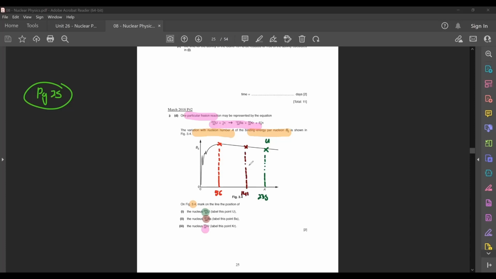This one is 141. This is BA. And then the last one is krypton. Krypton is 92, so it's probably somewhere around here. Okay, so this is KR. This is one example of why you need to know the binding energy curve.